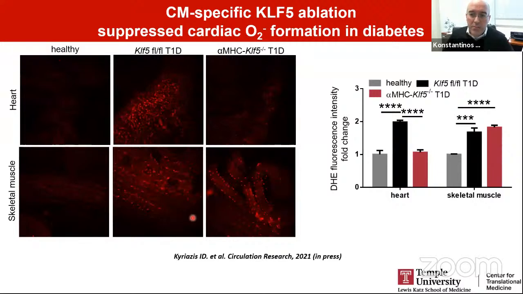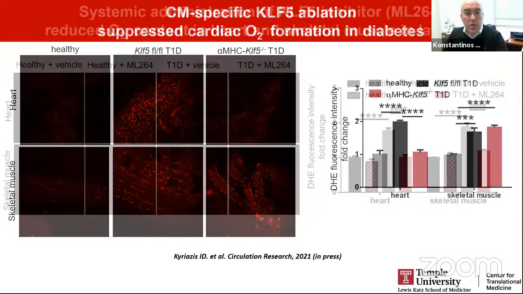Then we went to the mouse models of diabetes. This is the knockout, and you can see that, opposite to the diabetic flox mice that have increased oxidative stress, the knockout mice do not have increased ROS staining in the heart, but they still have increased ROS staining in the skeletal muscle. Remember, this is a cardiomyocyte-specific knockout.